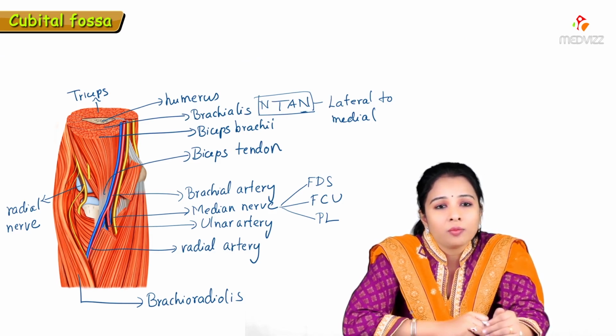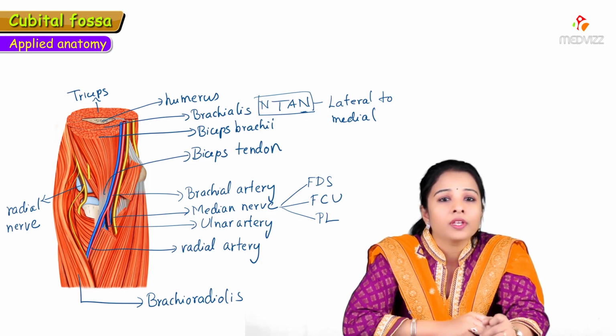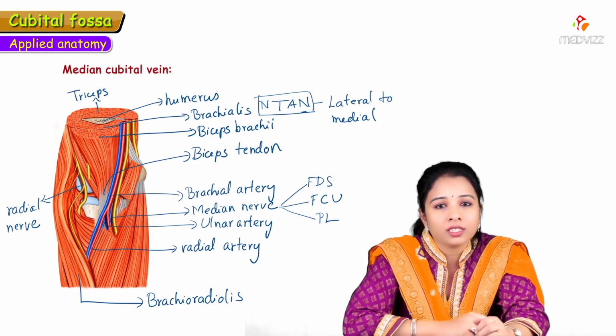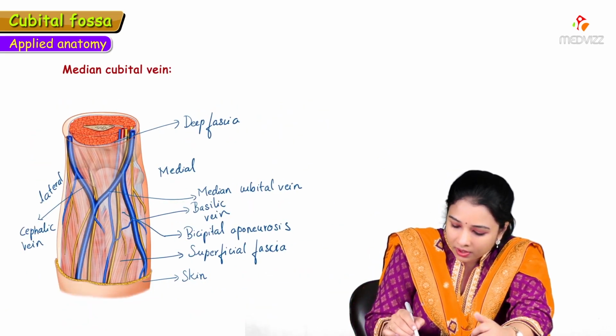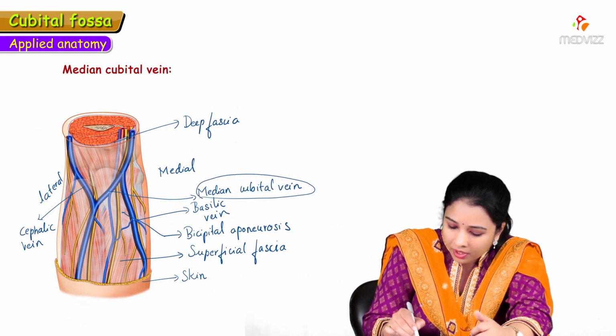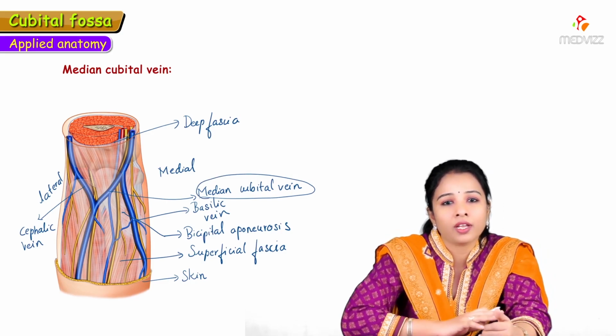So next, about the clinical correlation of the cubital fossa. So median cubital vein we are seeing in the superficial one. So here we can see this is the median cubital vein, which is the communicating vein between the basilic and the cephalic vein.